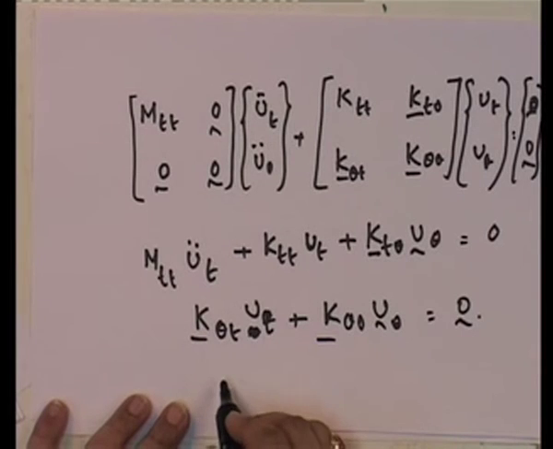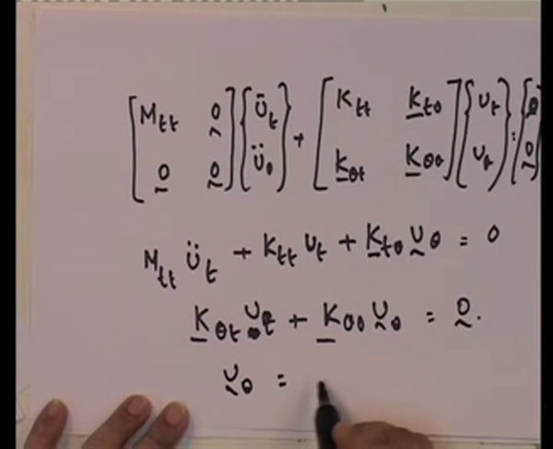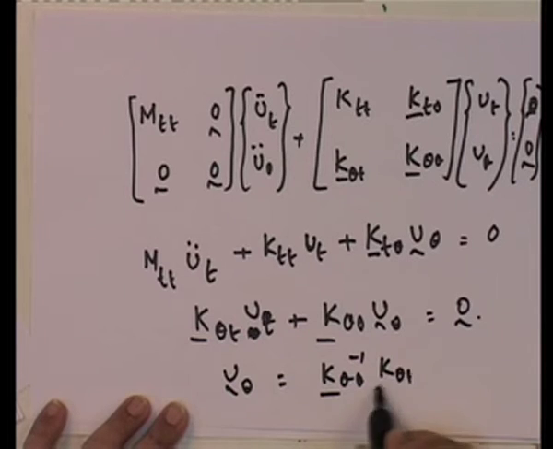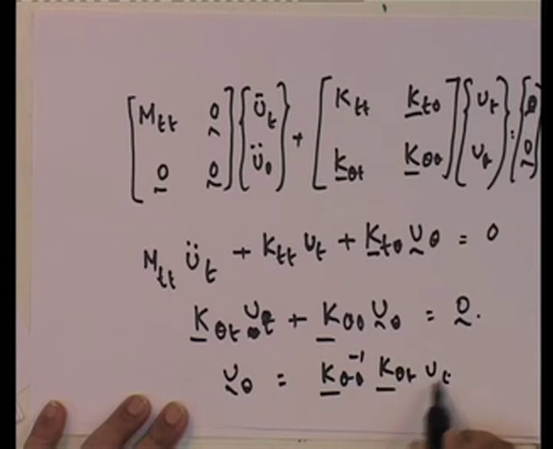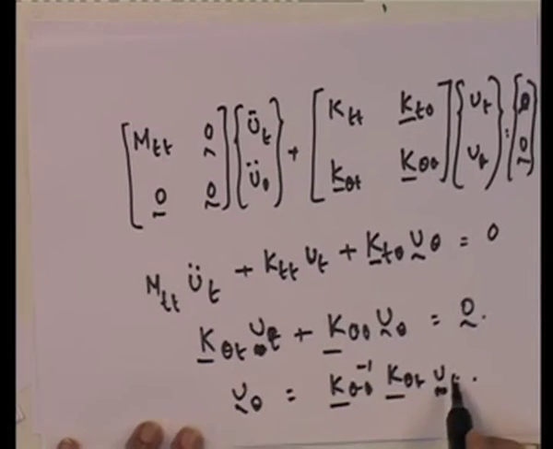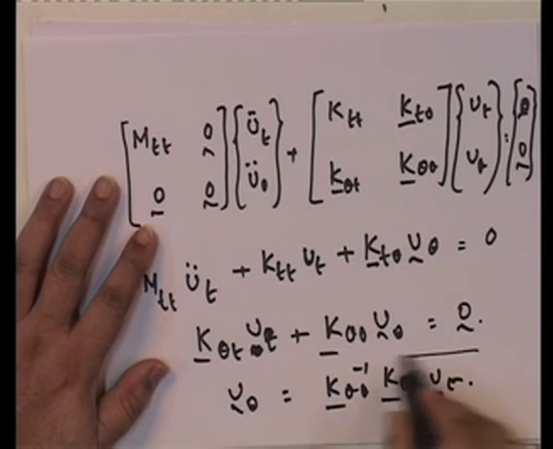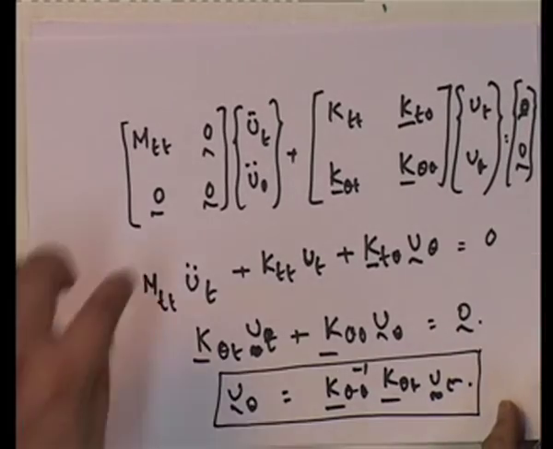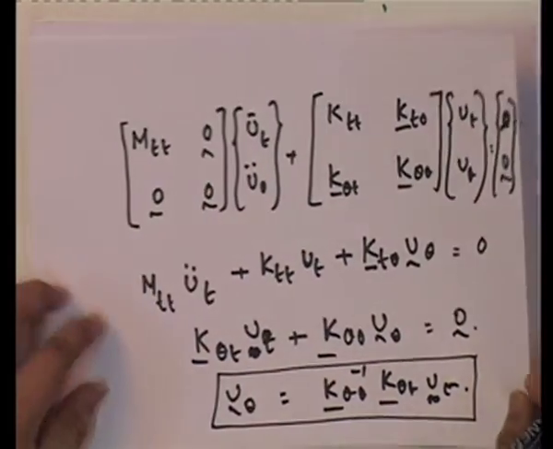So, if you look at this, what we get is, if I take it this way, I get V theta is equal to k theta theta inverse k theta t into V t. Okay. So, I have got a static relationship between V theta and V t. If I substitute that into the top equation, what do I get?